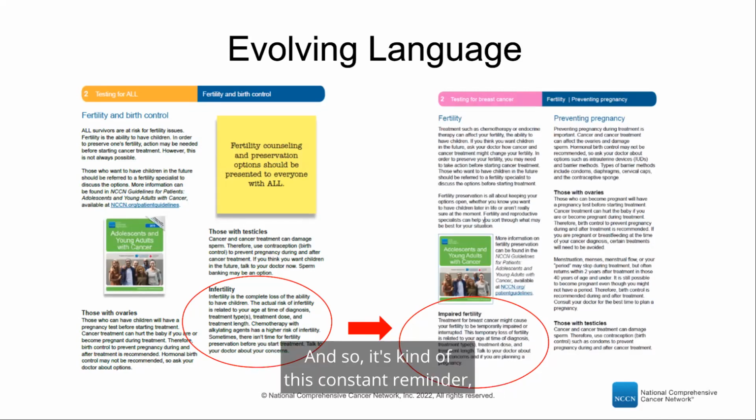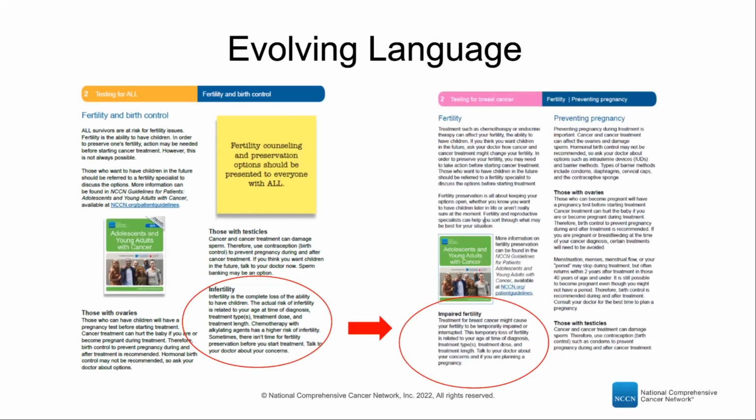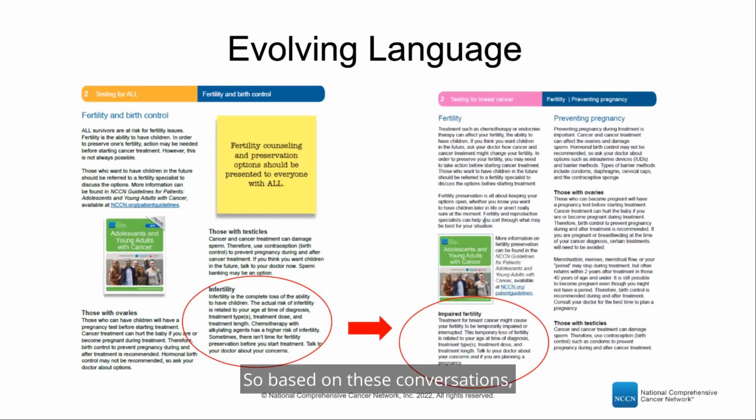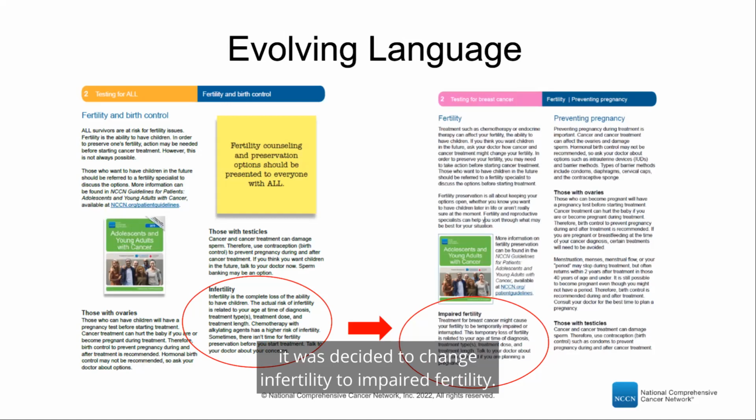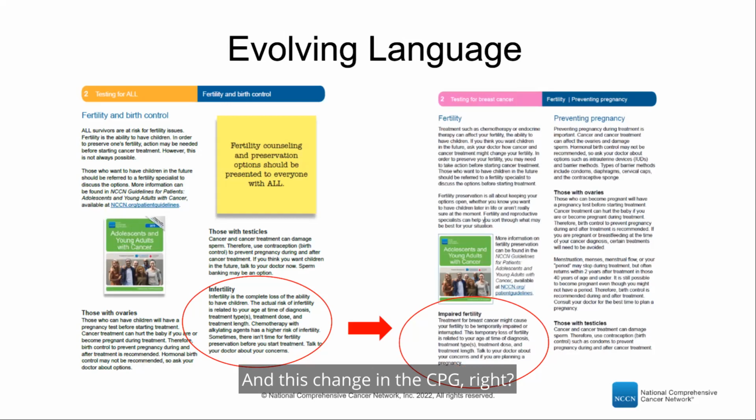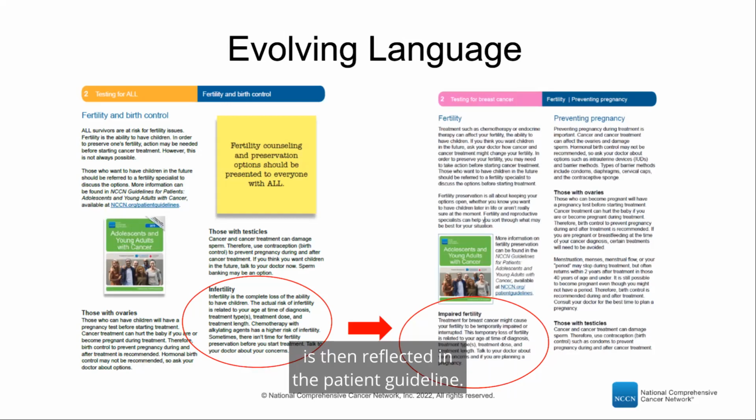And so it's this constant reminder, this re-traumatization of those who are struggling with fertility. Based on these conversations, it was decided to change infertility to impaired fertility. And this change in the CPG, this clinical practice guideline, is then reflected in the patient guideline.